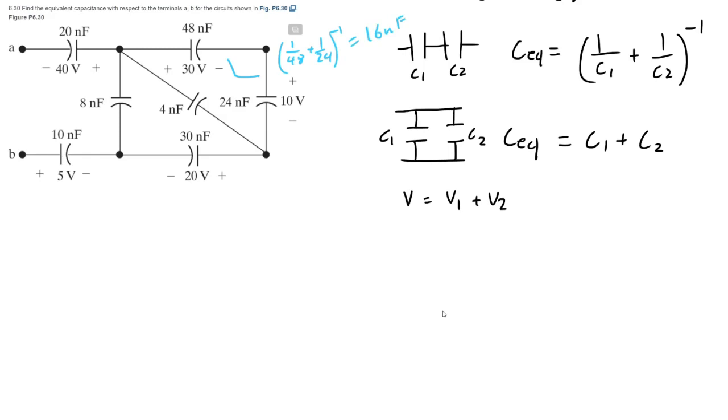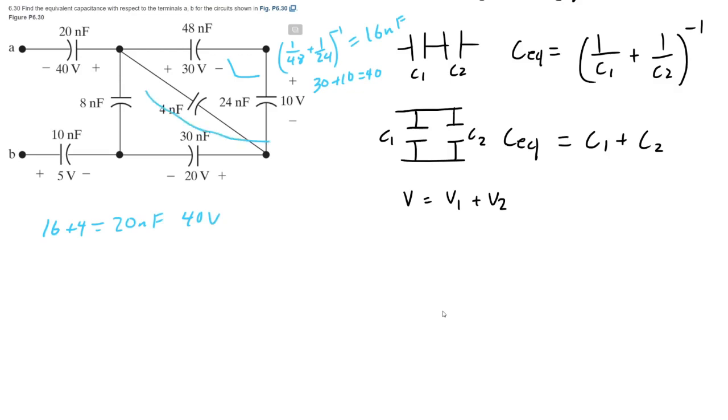And then the voltages are going to add up. So 30 plus 10 is 40. And the new 16 nanofarad is in parallel with the 4 nanofarad. So 20 nanofarad charged to 40 volts.